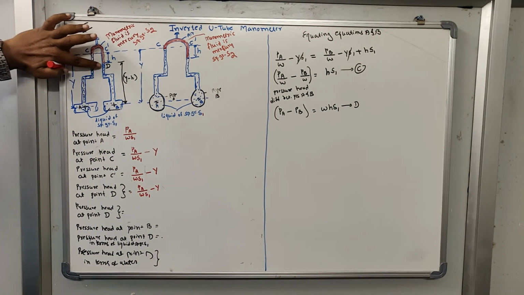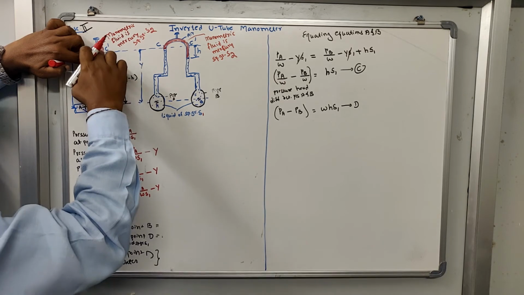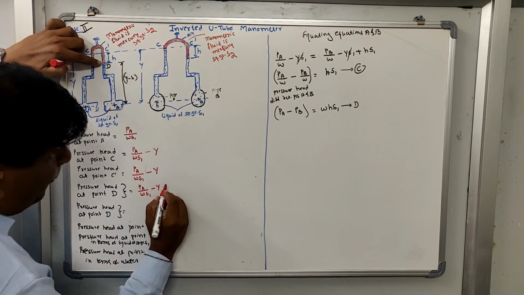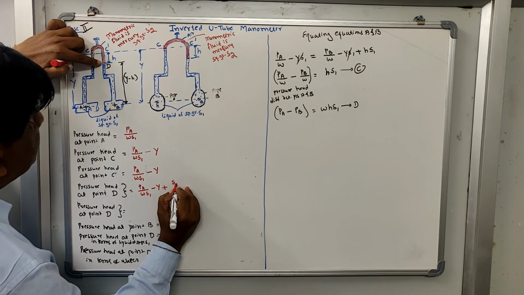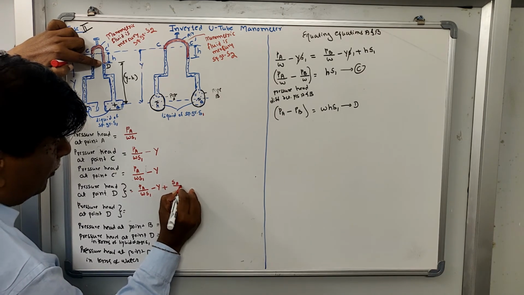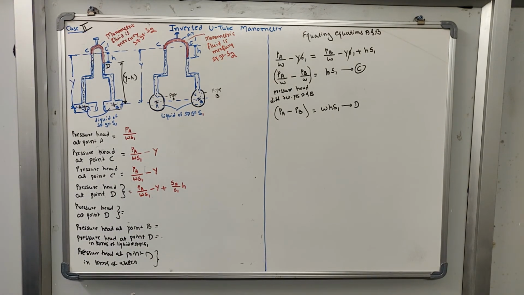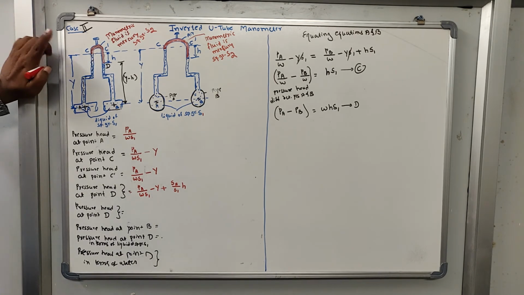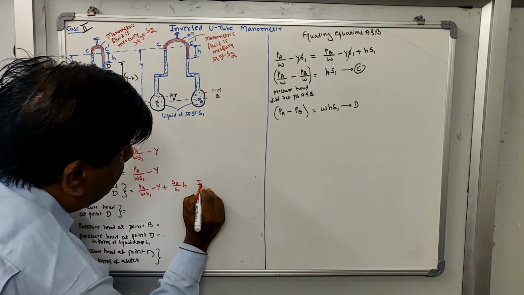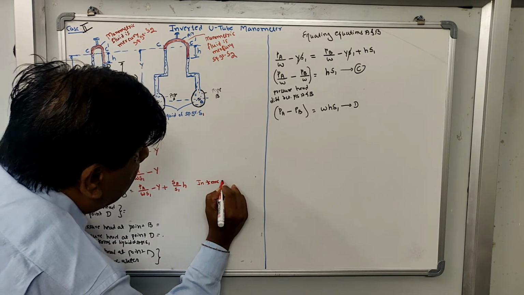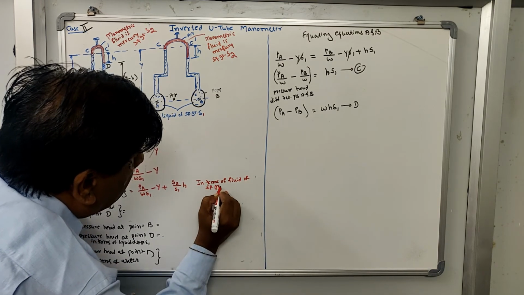Now the next point D is lying below the point C dash, so you can take a positive sign, then the ratio of the specific gravities of the fluids 1 and 2, that is S2 by S1, and this head H. This is the pressure head at point D in terms of fluid of specific gravity S1.